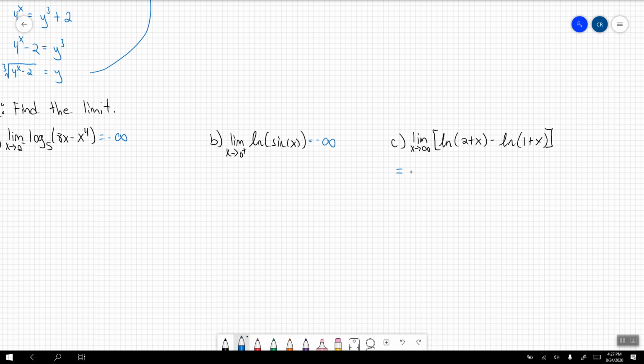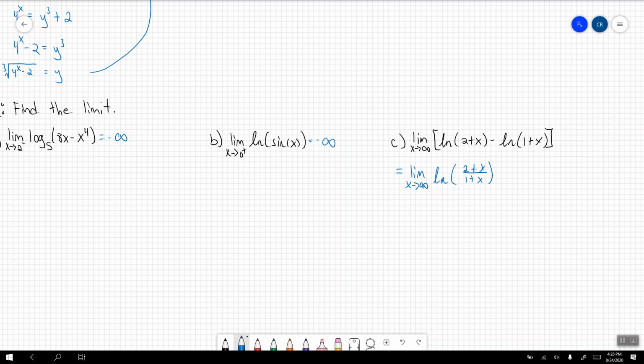So here, what I want to do is I want to try to condense this function first, to say that because two natural logarithms are being subtracted, then we must be able to combine them as 2 plus x divided by 1 plus x.